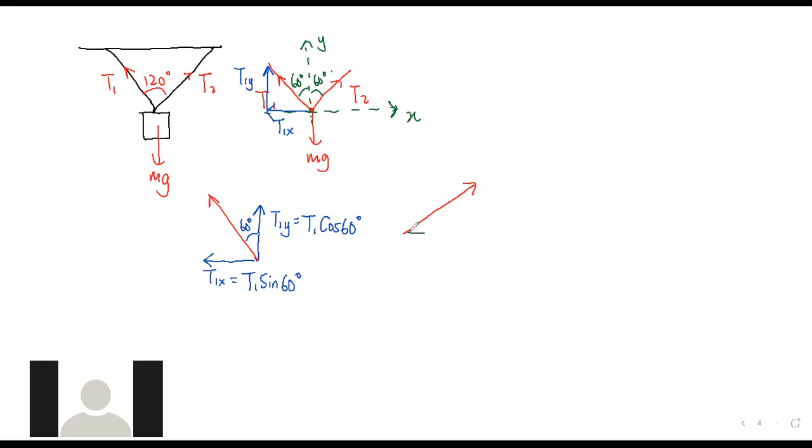OK，T2 它的 vector 是这样子，我 resolve 它去这样子，还有这样子，这边是60度，所以 T2 这里是 T2 cos 60，然后这里是 T2 sin 60。One is cos, the other has to be sin, if they are perpendicular. So they are perpendicular.